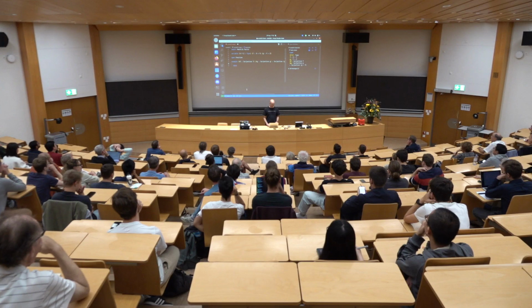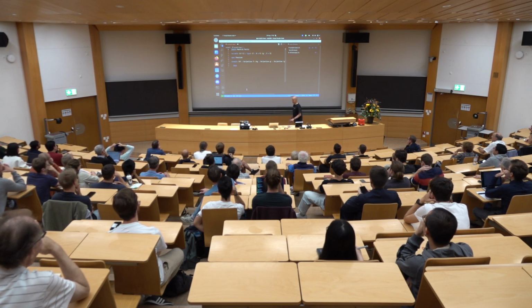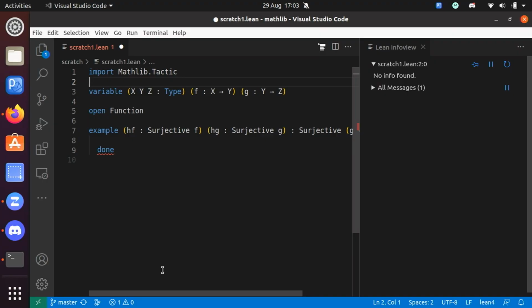So this is a computer program, and the first line of the program imports a bunch of things. Without that first line, the system would know logic, but wouldn't know any mathematics at all.